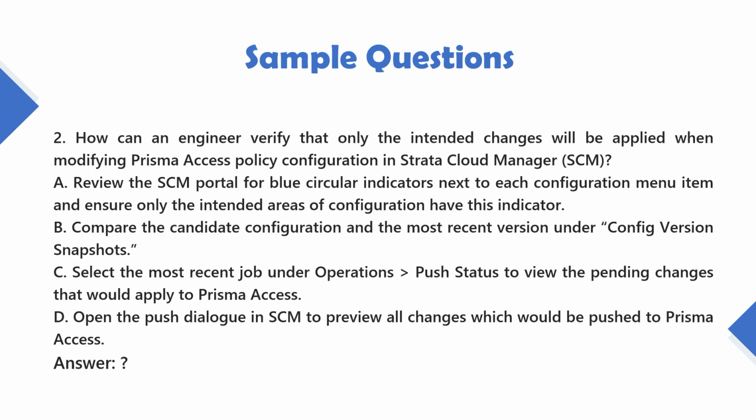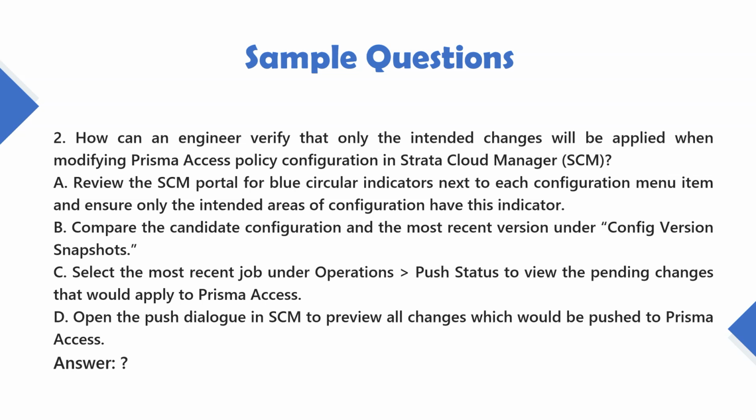2. How can an engineer verify that only the intended changes will be applied when modifying Prisma Access policy configuration in Strata Cloud Manager, SCM? A. Review the SCM portal for blue circular indicators next to each configuration menu item and ensure only the intended areas of configuration have this indicator.